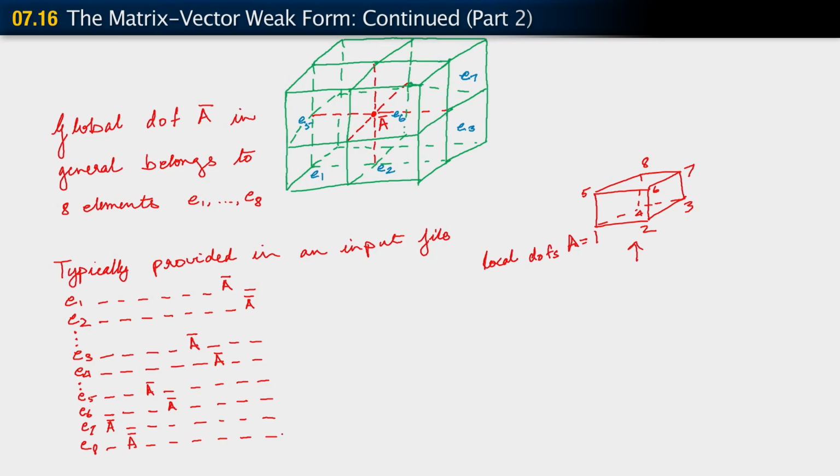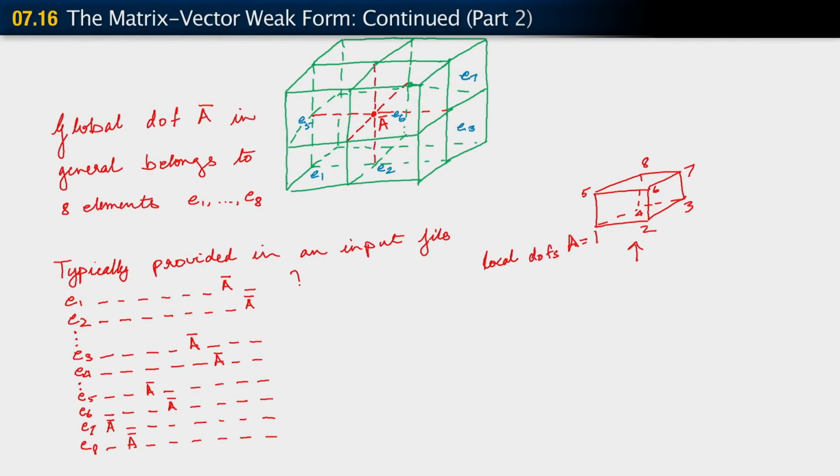Okay? So this information is the critical bit that carries all we need to know about mesh connectivity. All right, and now as you have more and more elements in the mesh, you would have a similar array, if you like, for each element.